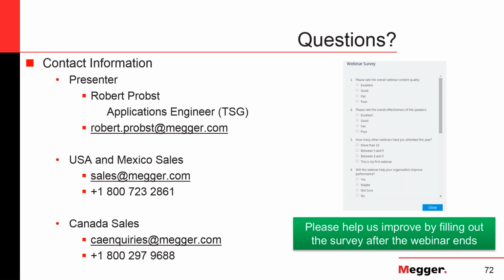Another way of addressing these things, and that really depends on the application, is that some customers work around that. They have so many breakers to test in a panel that they start on, let's say, breaker 1 A phase, then they go breaker 2 A phase, breaker 3 A phase, and so forth.